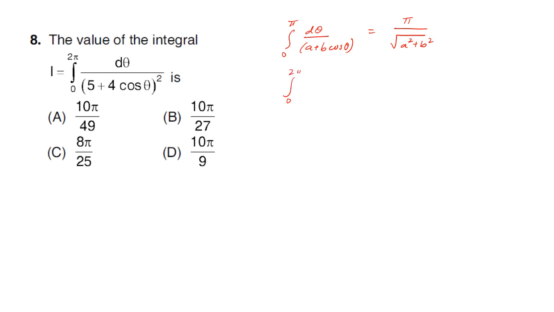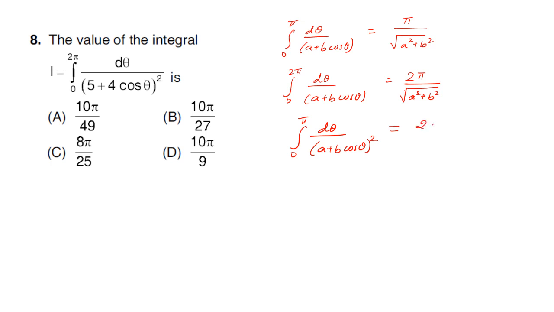Similarly, integral 0 to 2π dθ divided by a plus b cos θ is given by 2π by square root of a square plus b square. Then integral 0 to π dθ divided by (a plus b cos θ) whole square is given by aπ divided by (a square minus b square) raised to 3 by 2.